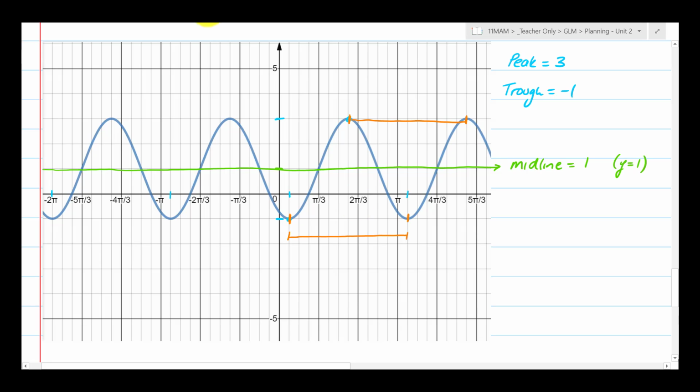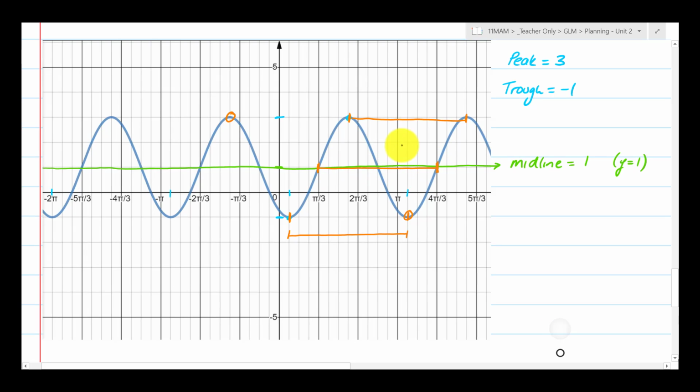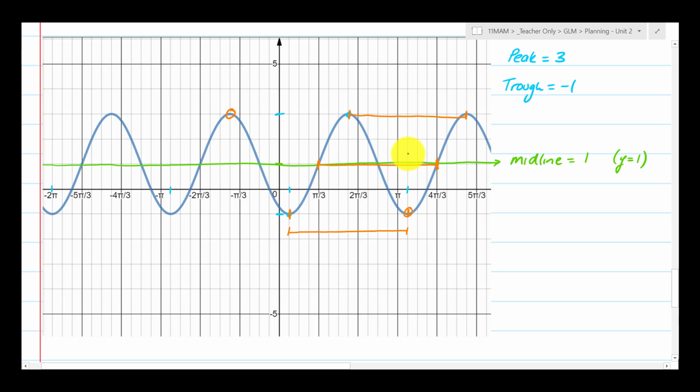Or if you're going from this peak to this trough, that's 1.5 periods. So it really depends on the graph you've got. You may only have half a period to work with. In that case, you have to recognise peak to trough or trough to peak is only half a period. You can also use from a midline going upwards to the next midline going upwards. That's also a period. You can see that each of these is the same length, by the way. Just have a look at them.